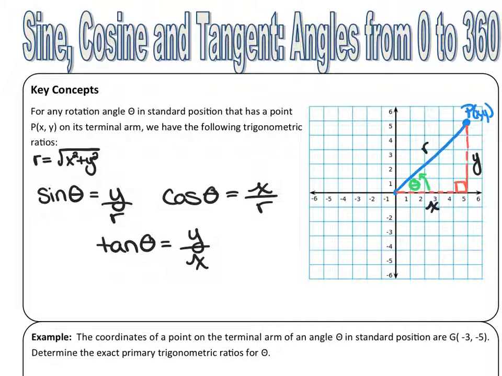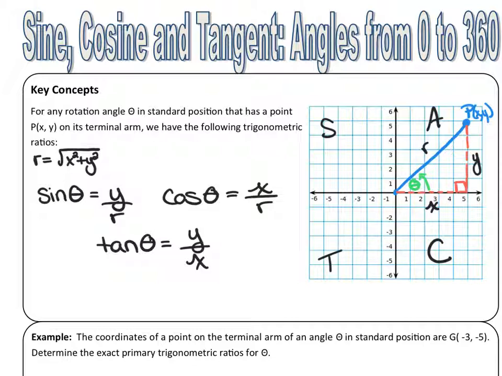And then we're also going to be using our calculators and getting used to the fact that we have the CAST rule, that this is where cos is positive, this is where all of them are positive, sine is positive in quadrant 2, and tan is positive in quadrant 3, cos positive in quadrant 4.